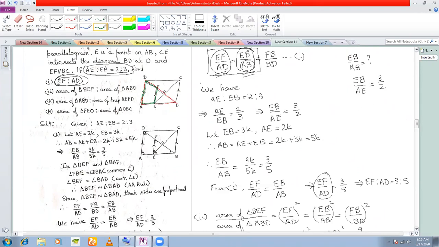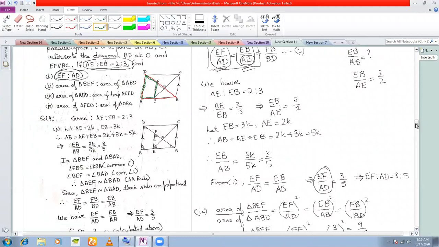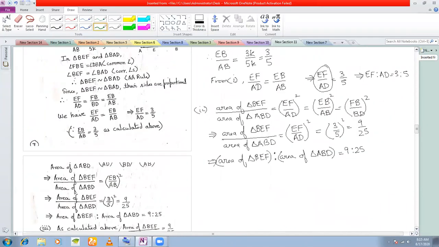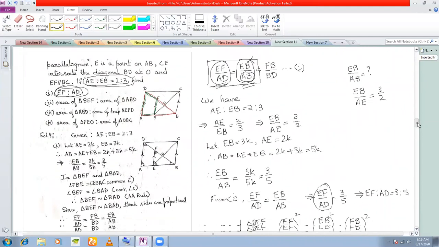Now, what you see here is you already know the ratio of these two triangles, right? Area of these two triangles. You already know this ratio, right? Area of triangle BEF is to ABD. We shall use this ratio in order to find out the ratio of these two.